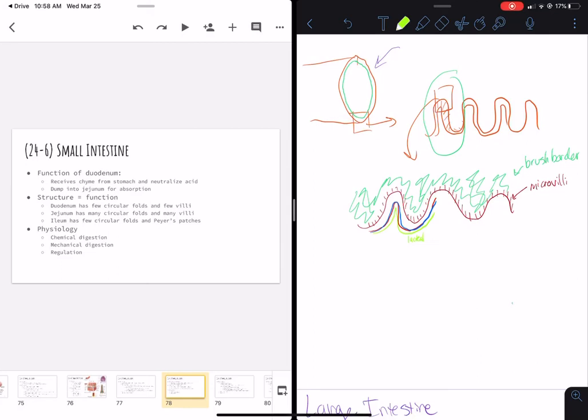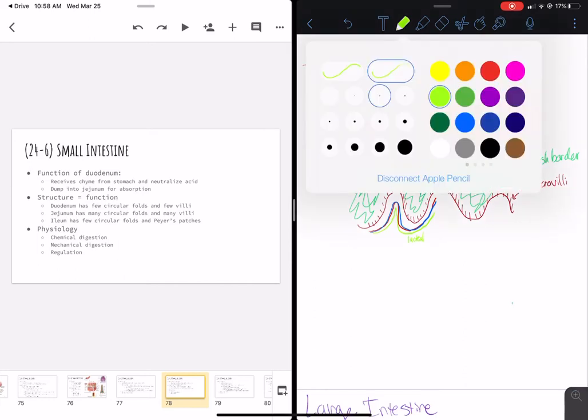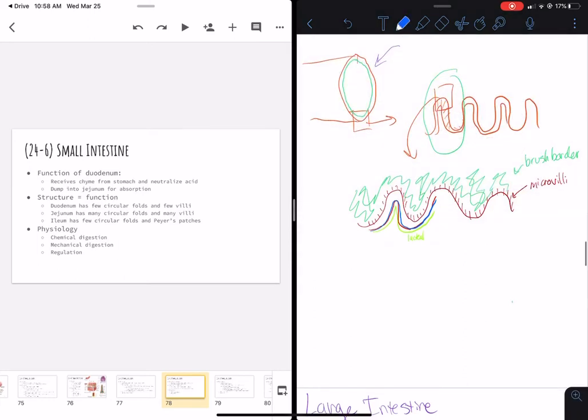Then we have the ileum, which doesn't have as many circular folds, just like the duodenum, but it does have Peyer's patches. If you remember, Peyer's patches come from the immune chapter, and these are regulatory cells that will sample the environment of the lumen of the small intestine and recruit the immune system if things are haywire. So one easy way to differentiate what's going on in the slides for each of these, I'll draw down here.